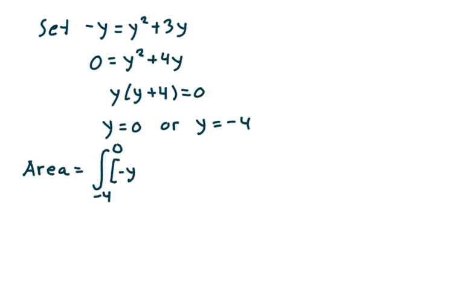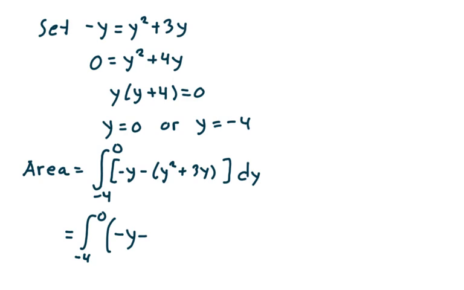So I'm going to take negative y, and I'm going to subtract y squared plus 3y. And I'm going to integrate with respect to y. So let's see if we can finish this. So this is the integral from negative 4 to 0 of negative y minus y squared minus 3y dy.